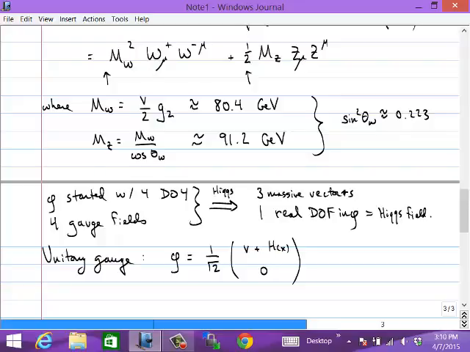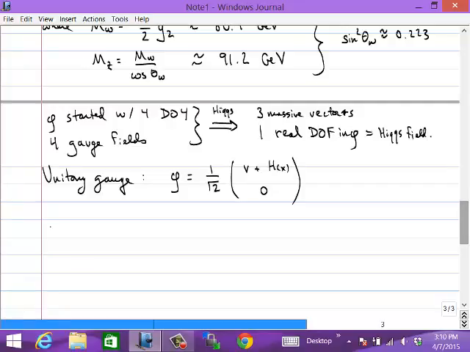So that means that we have 1 real field left over that I'll call H, which is just measuring the size of the vacuum expectation value of phi. So H is a real scalar known as the Higgs field. And in unitary gauge, you can write out what phi is.